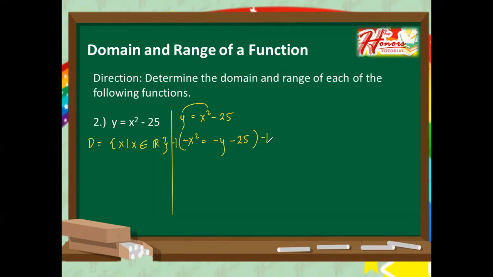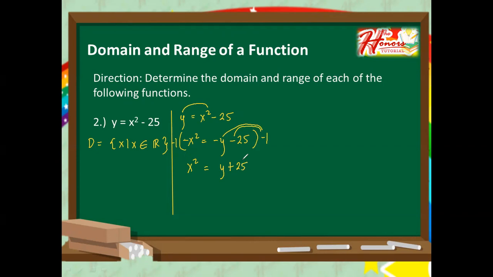And then for us to get a positive x squared, we have to multiply both sides by negative 1. So negative x squared times negative 1 is positive x squared equals, let's multiply again negative 1 times negative y. So that's positive y. Negative 25 times negative 1 is positive 25.